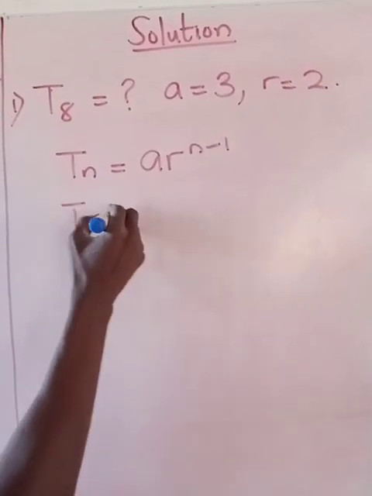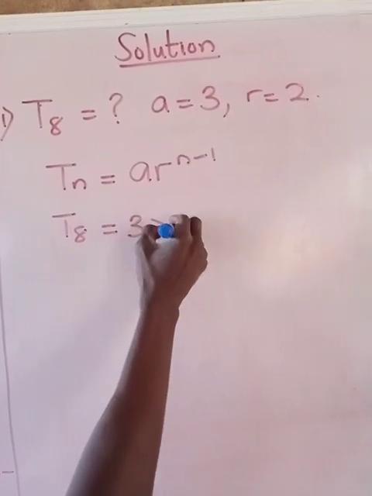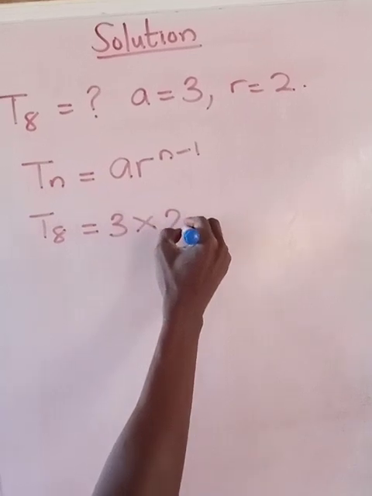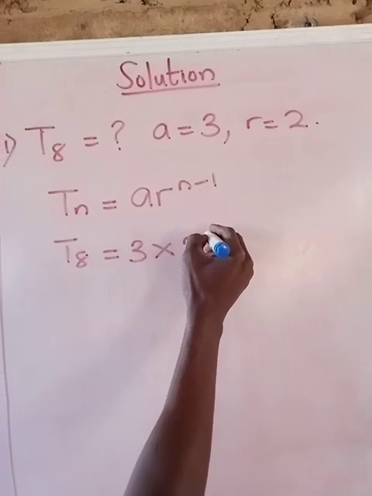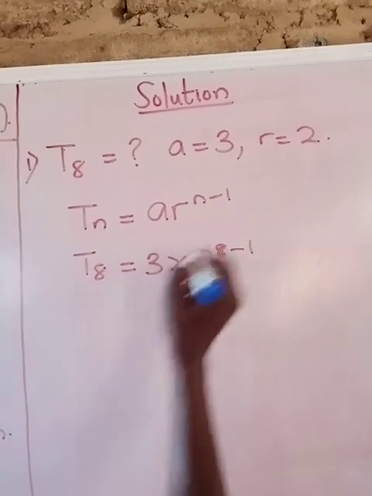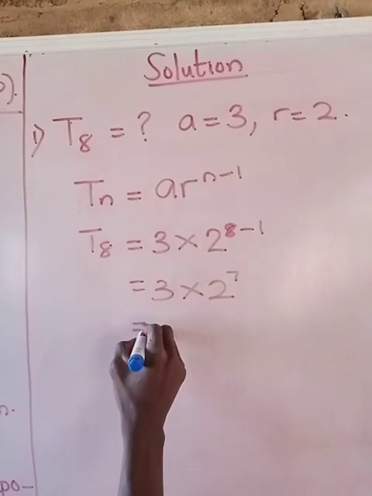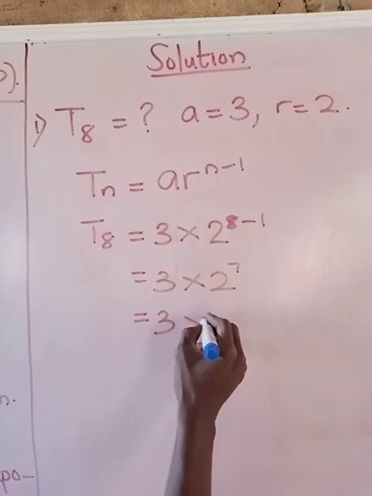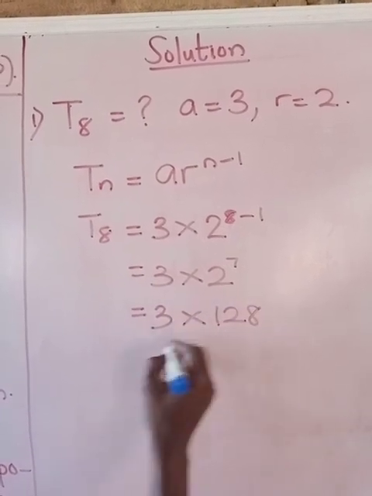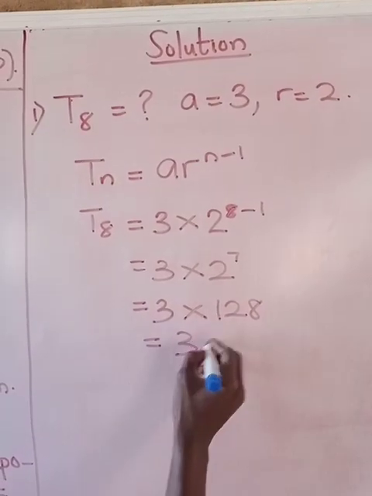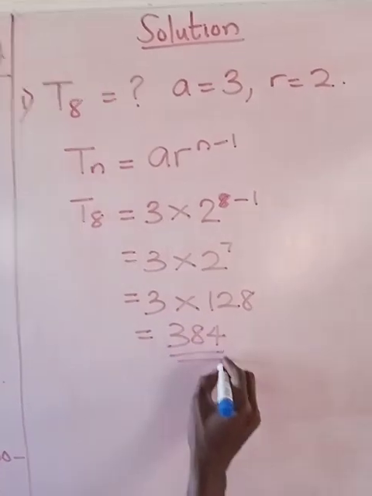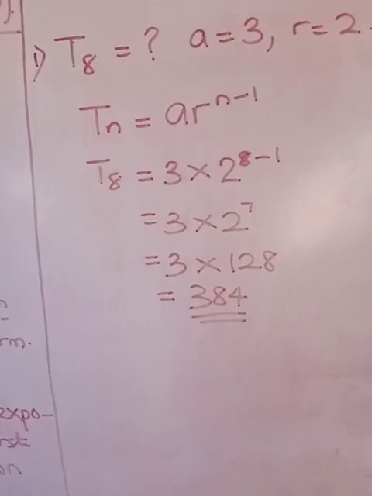So T8 will be, A is 3, common ratio is 2, raised to power 8 minus 1. That's 3 multiplied by 2 raised to power 7. And 2 raised to power 7 is 128. When you multiply, you have 384. So that's the first question.